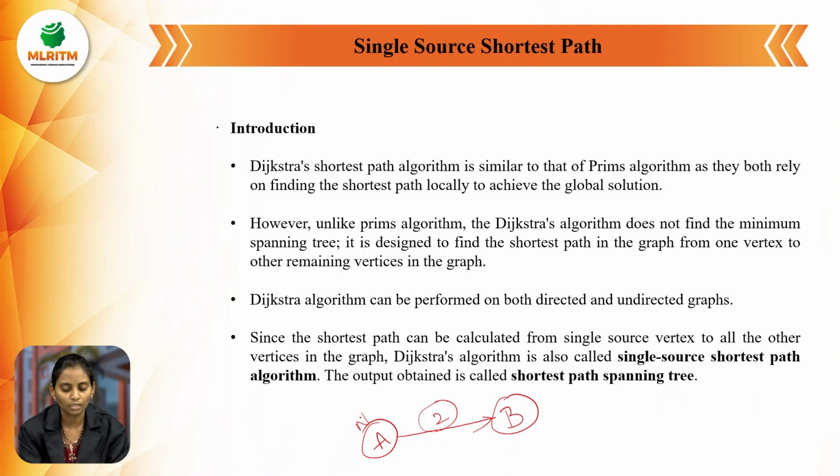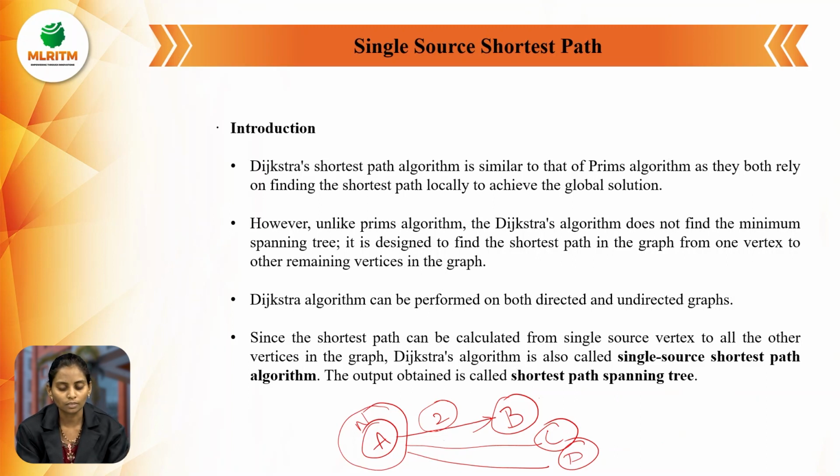The main intention behind the single source shortest path is to calculate the shortest path. As we are choosing only one node and traveling to the different nodes, we have to take only one particular node so that we can travel to all other vertices.